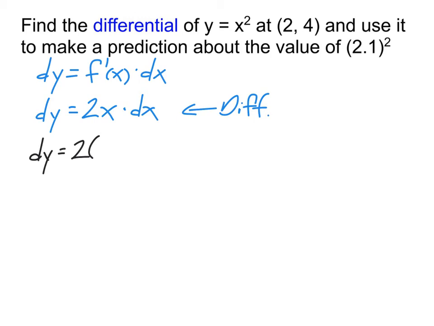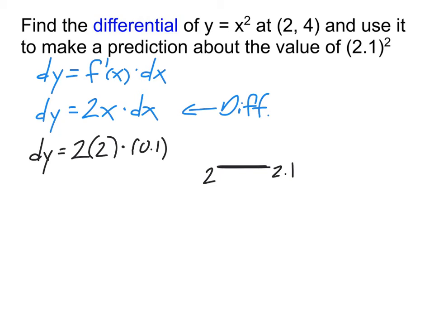What is our starting x value? 2. That's the actual x value where I know what the value is there. All right, times dx. dx, remember that picture there? dx is that horizontal distance between my original and my new point that I'm trying to estimate at. So what is dx in this problem? 0.1.